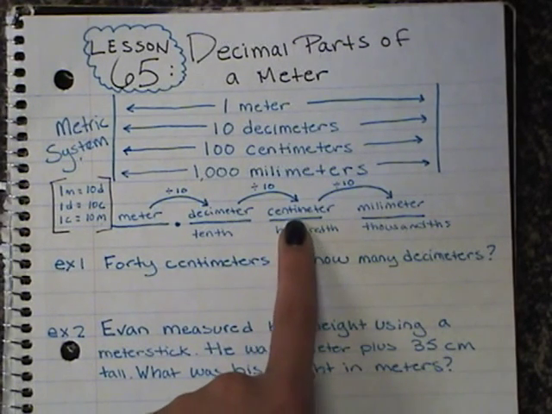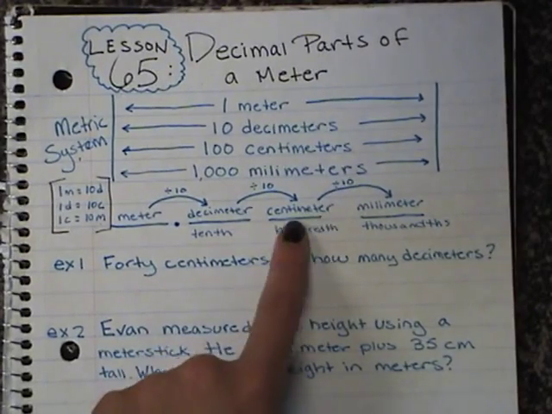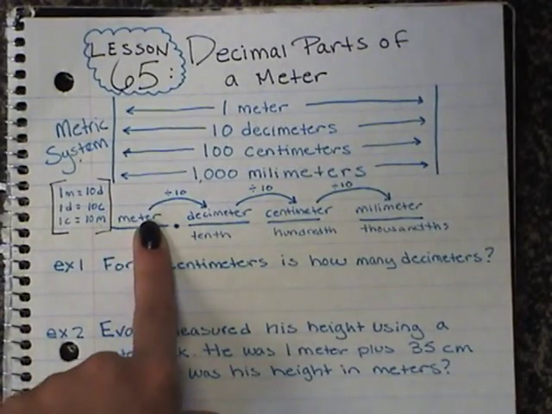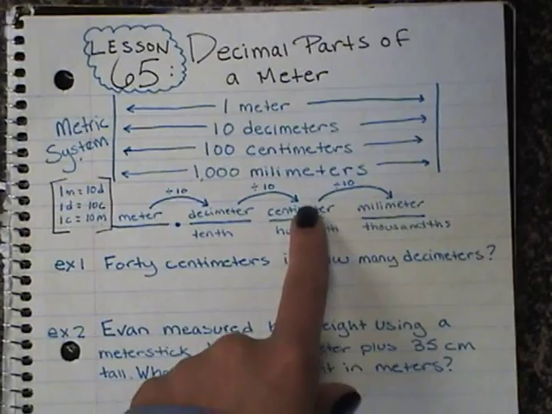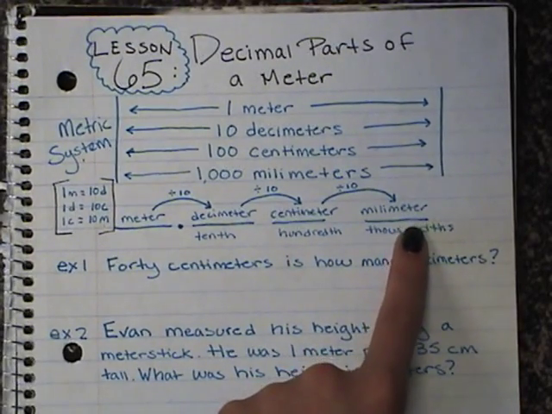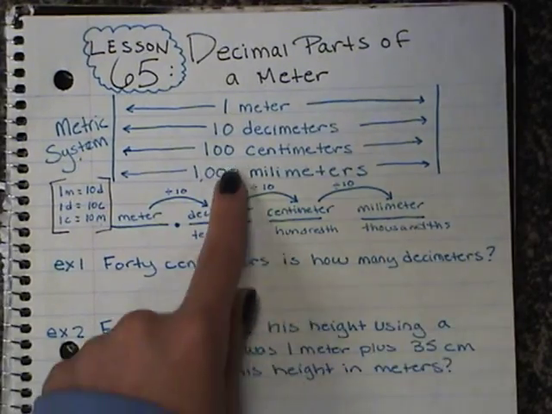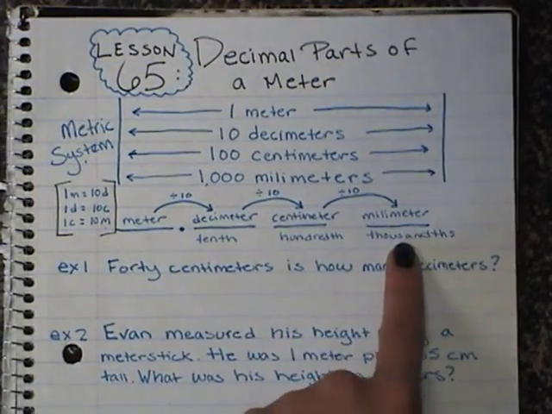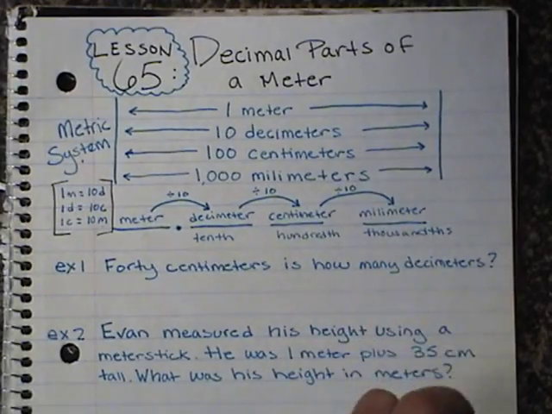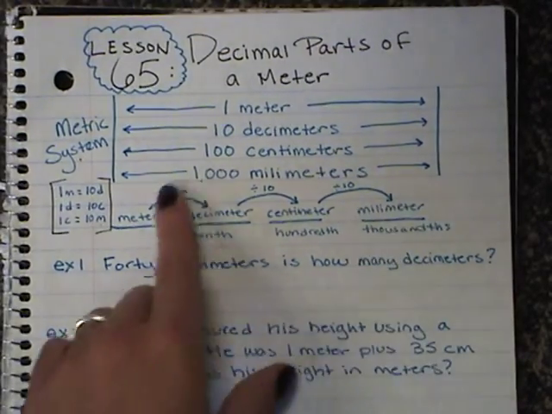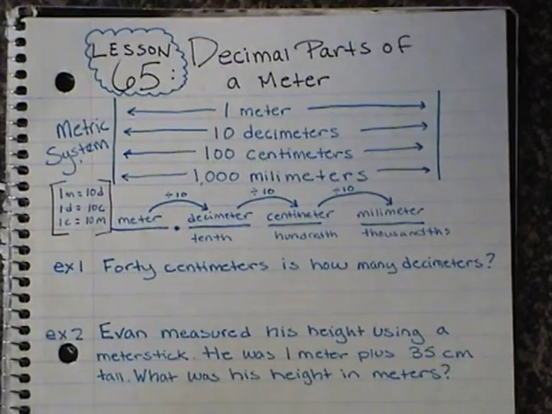And so we know that a centimeter is 100 little pieces to equal 1 meter. And then we can divide a centimeter again by 10 to get a millimeter. And a millimeter is the thousandth in our decimal place. So we have our tenths, our hundredths, and our thousandths, which are our tiny little millimeters, and 1,000 millimeters equal 1 full meter.